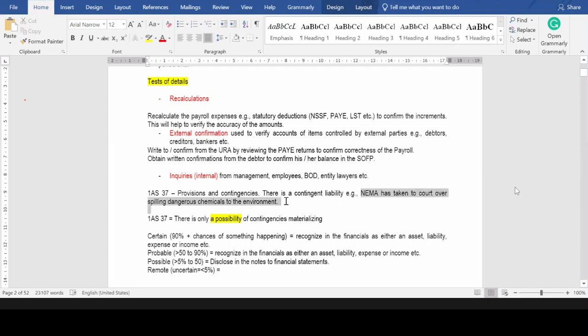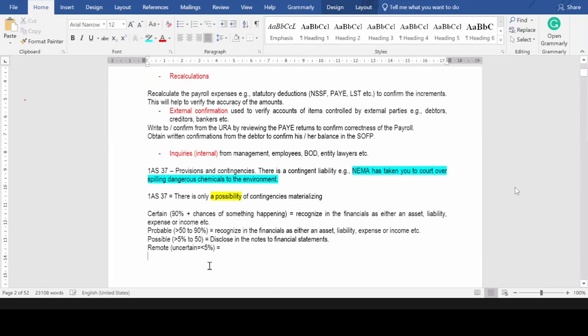Now we are auditing this. There's this statement which you are auditing here. NEMA has taken you to court over spilling dangerous chemicals to the environment. So how do I audit? What's my audit test? Remember, I'm using inquiries.